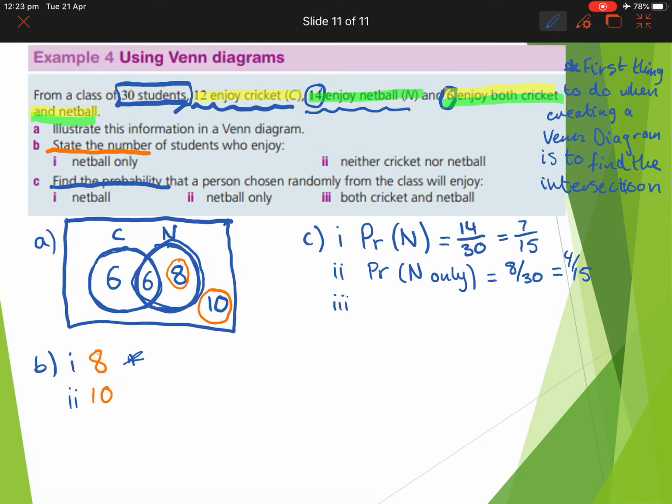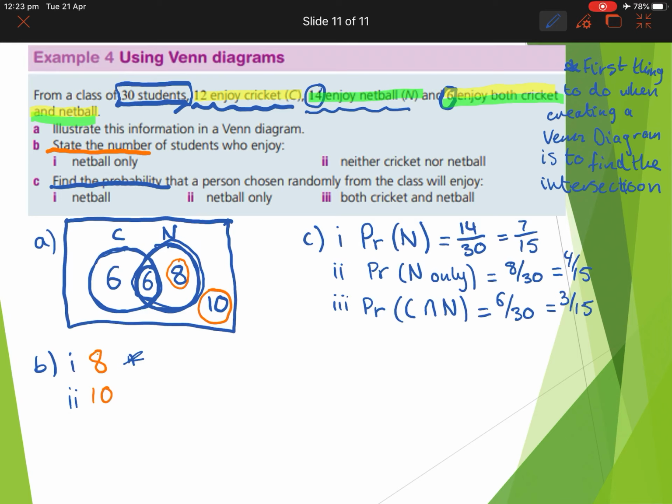And last one, we've got the probability of cricket and netball. So remember our intersection, cricket and netball. We know that there are 6 from here. 6 like cricket and netball out of 30, and that will simplify to 3 over 15.